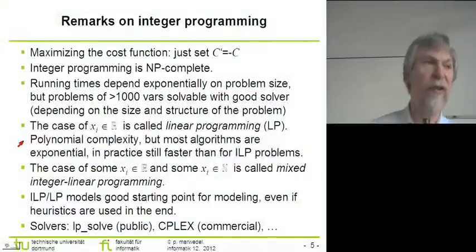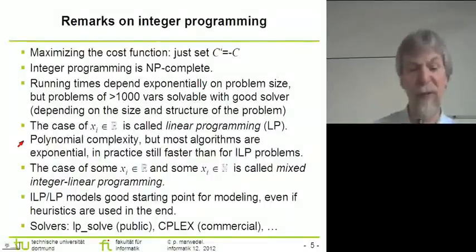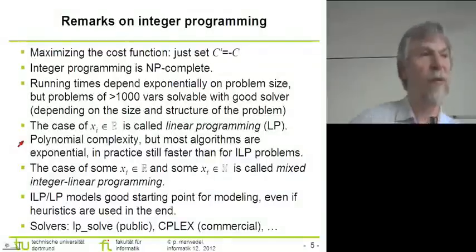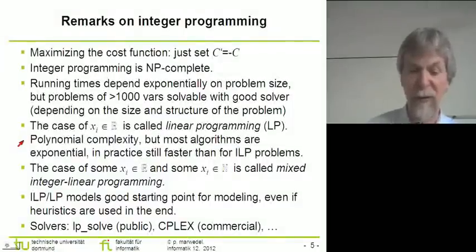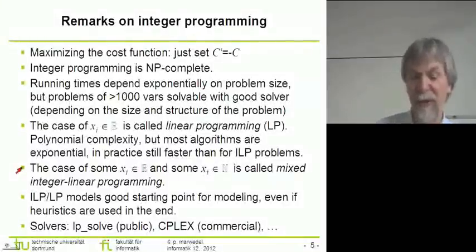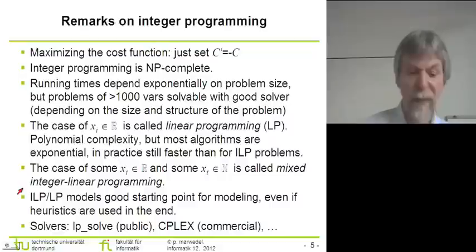But there are certain cases where we actually require integer values. So in many cases when we would like to have, let's say, the number of processors modeled with some variables, then of course we need to constrain ourselves to integers. The case in which some of these variables are real numbers and some of the variables are integers or naturals is called mixed integer linear programming.